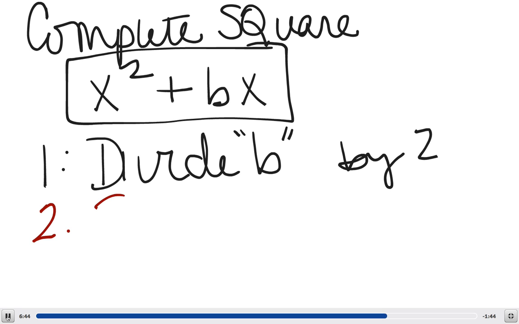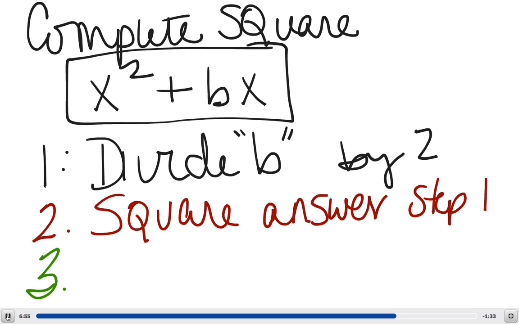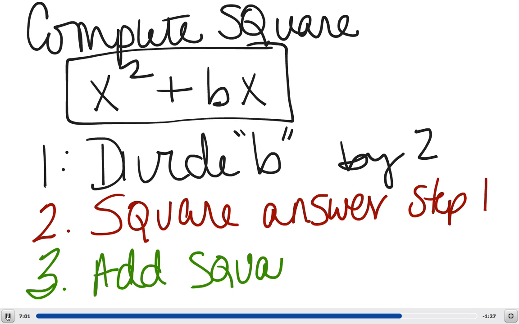Step 2 is going to square your answer from step 1. And then the third step is going to be to add your square number to the equation.